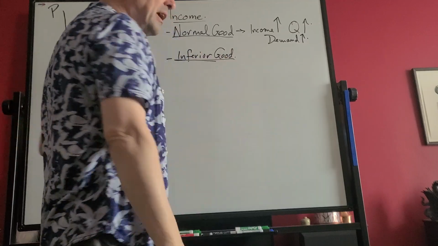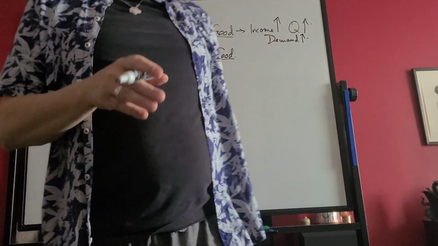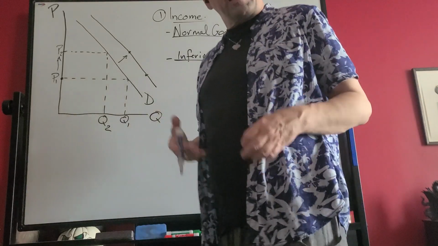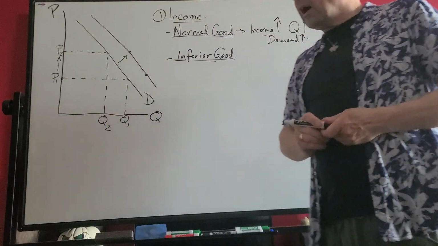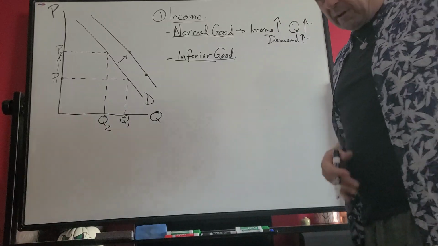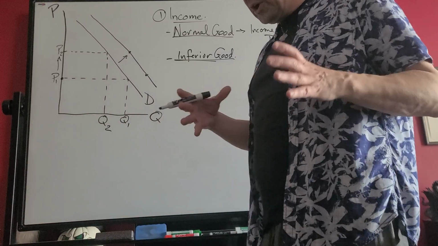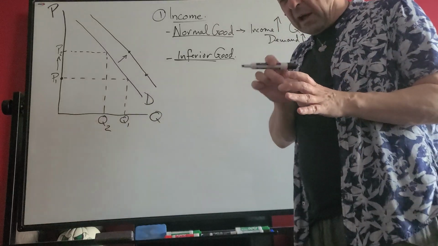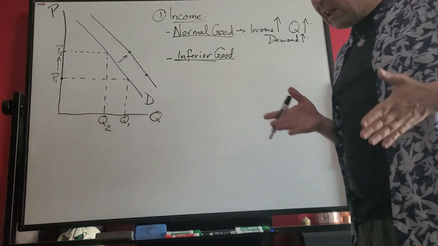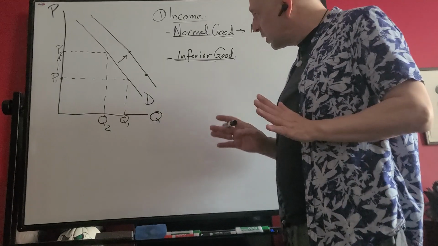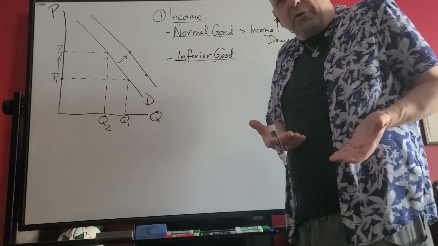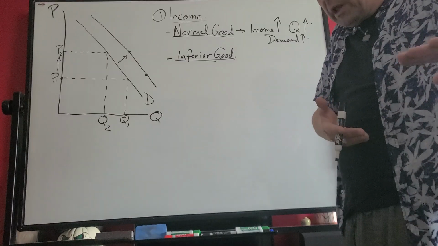Right? An inferior good. Not everyone's life is the same, but when I was a student, sometimes I had to buy the cheapest food available. So I might have bought those little packets of noodles that come with a seasoning package, and they're maybe 37 cents at the dollar store. You can get 3 for $1 or whatever. They're not tremendously nourishing, but they'll do if I have a low income.